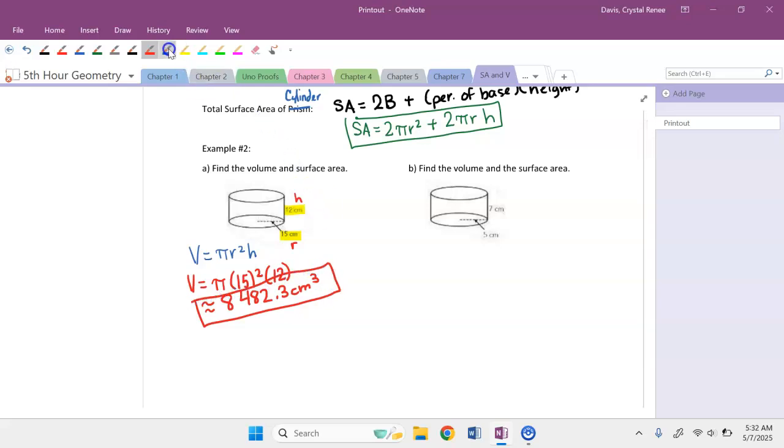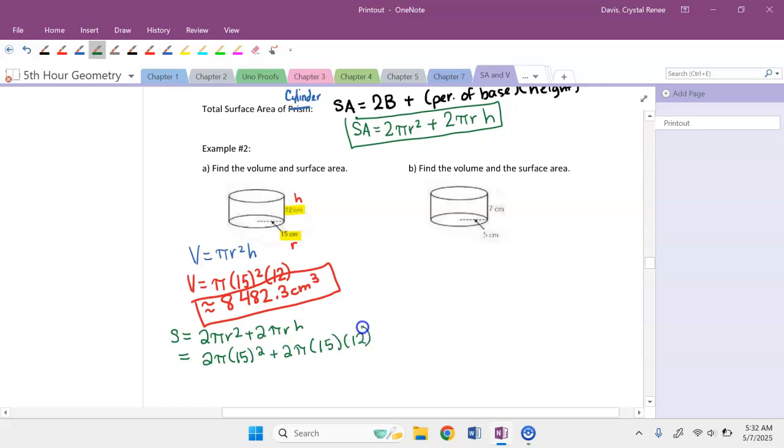Now the surface area is a little longer, but it's not any more difficult. The surface area is going to be 2 pi r squared plus 2 pi r h. So 2 pi, my r is 15, squared, plus 2 pi times 15 times 12.